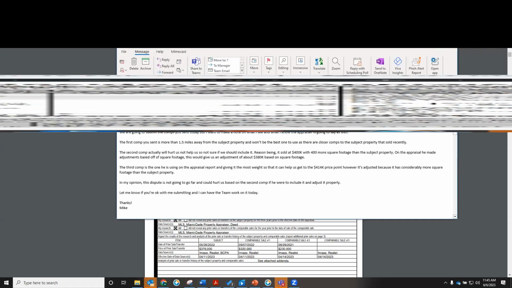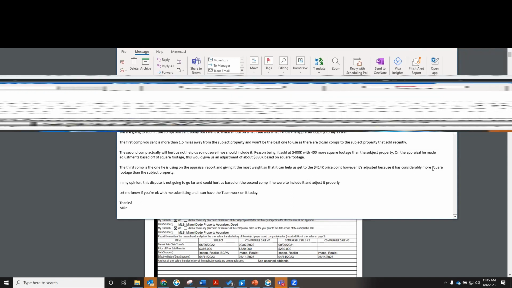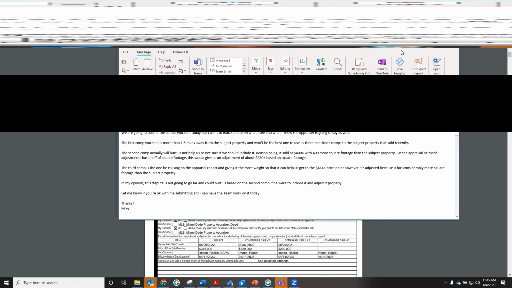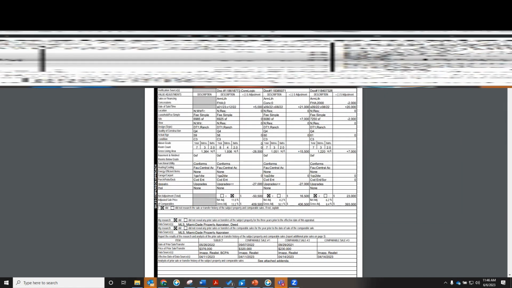And then the third comp is the one he actually is using on the appraisal report and giving the most weight so that it can even help us get to that 414 price point. However, it's adjusted because it has considerably more square footage than the subject property. So one of the comps that she sent us, she didn't even realize it, is the first comp that the appraiser is using, 3501 Northwest 33rd Ave.